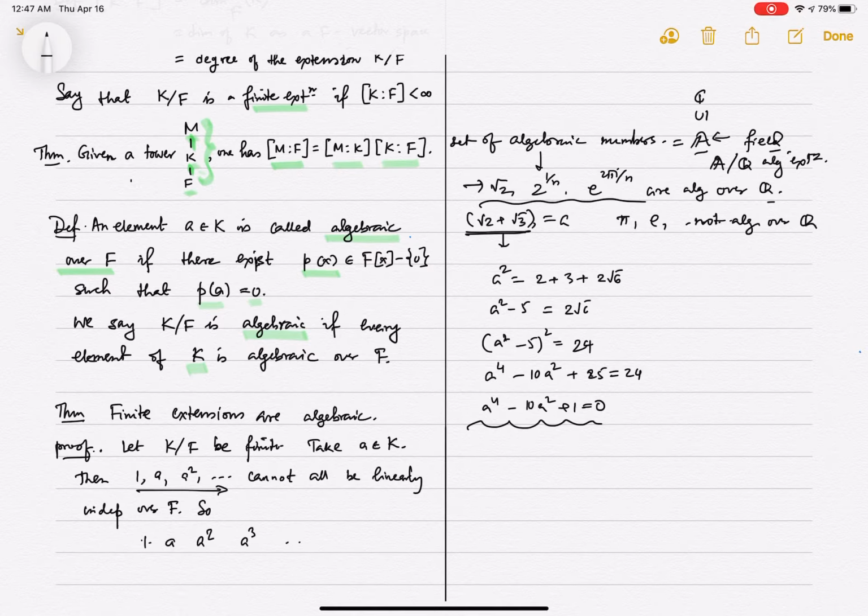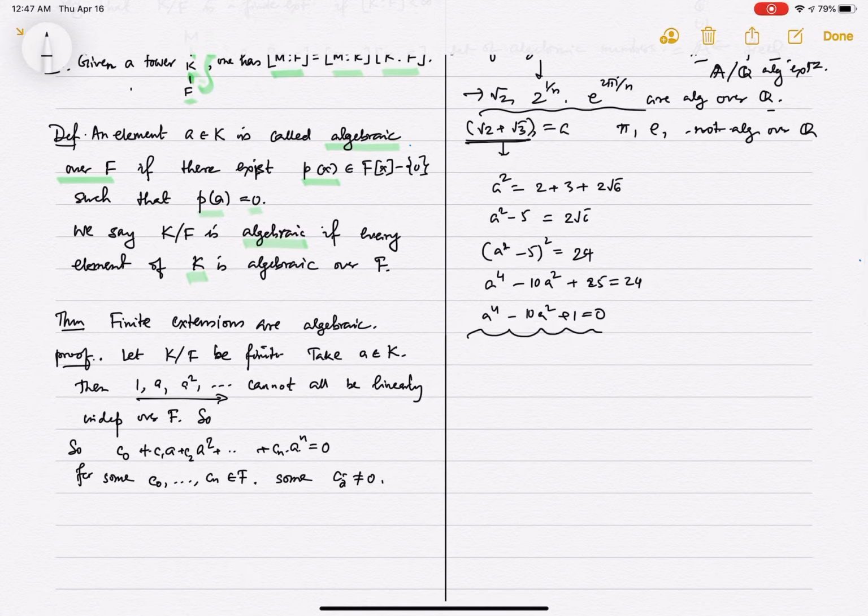So there's some c0 plus c1 a plus c2 a squared plus etc. plus cn a to the n equal to 0, for some c0, ..., cn in F and some cj non-zero. That's what a non-trivial dependence relation looks like.